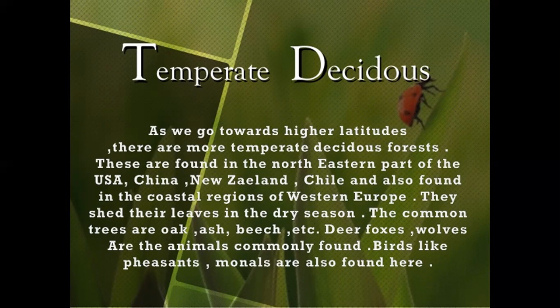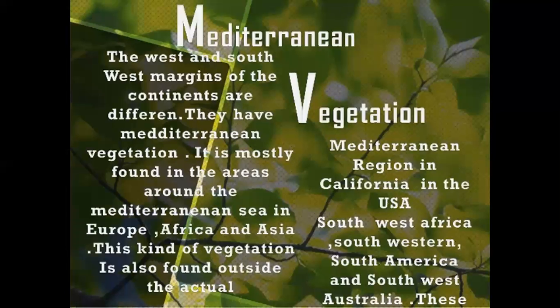In terms of climate, these regions experience hot summers and cold winters. In terms of vegetation, temperate deciduous trees shed their leaves in the autumn season and remain leafless throughout the winter season. Oak, ash, beech, elm, poplar, cedar, redwood, fir, maple and birch are some of the trees found in the temperate deciduous forest.